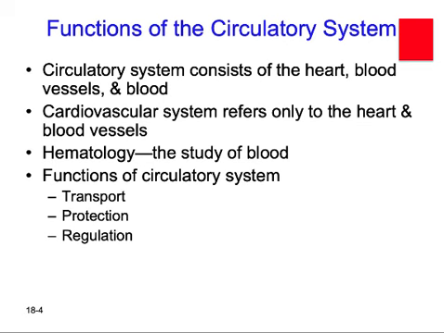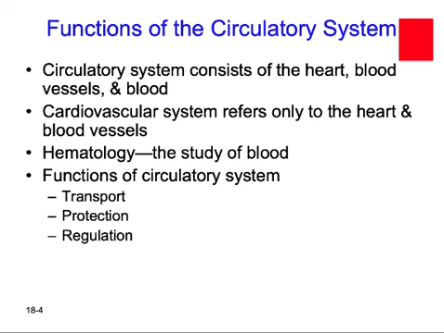Functions include transport of oxygen, nutrients, waste products, immune components, and hormones. Protection comes through providing an ability for immune components to get from place to place in the body, and also having immune proteins in the blood plasma itself, and regulation of things like pH and fluid balance in the body. So very important. It is also an important player in thermoregulation. So all of that we get from the circulatory system.